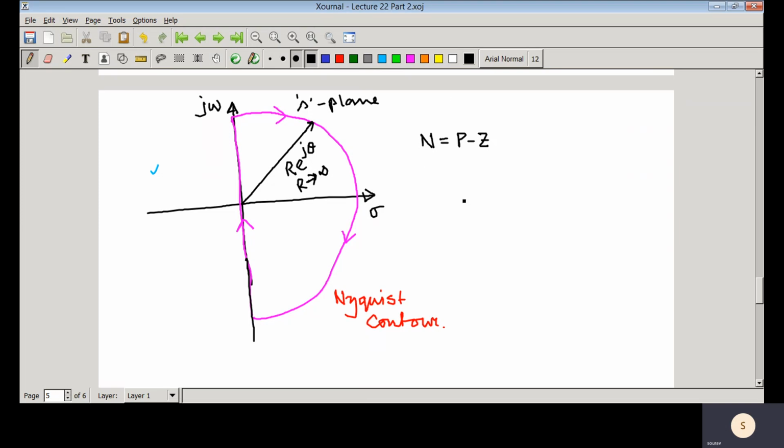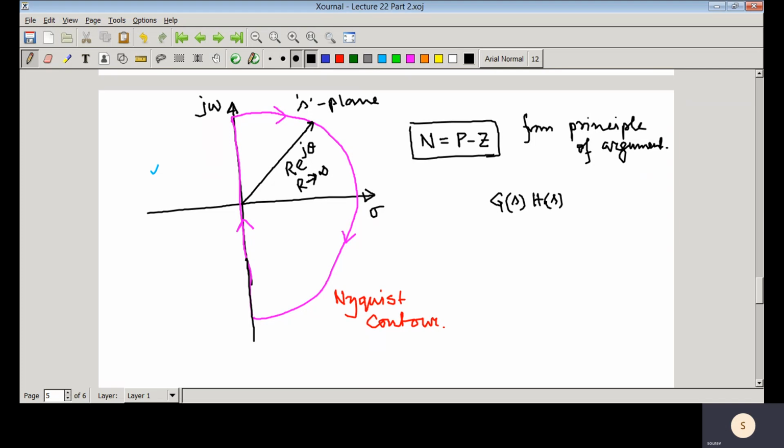This concept we get from the principle of argument. Now we are trying to understand what happens if we map via g of s h of s; that is important.